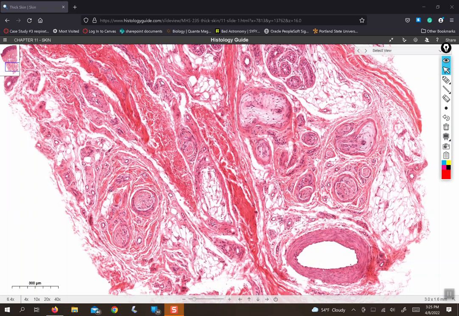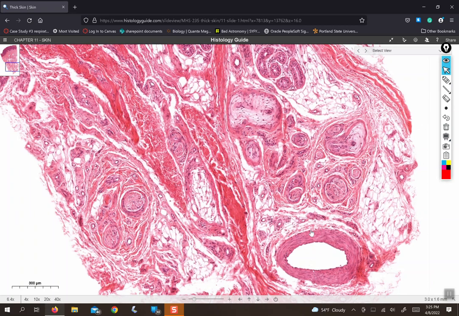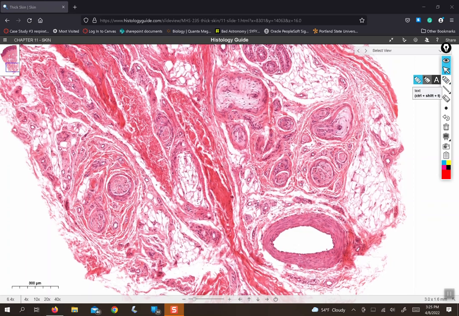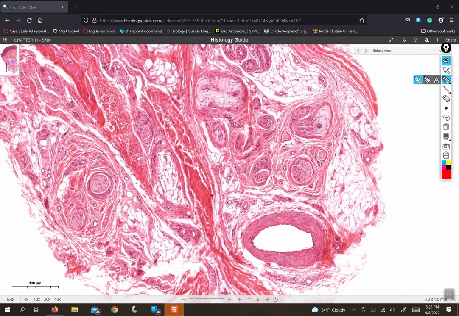So artery is a good example of that. I don't expect you to recognize arteries yet, but since we have one in front of us, and since I don't want you to mistake one of the Pacinian or other corpuscles for an artery, I'm just pointing it out since it's in front of you so that you run less of a risk of mistaking it for something else or vice versa.